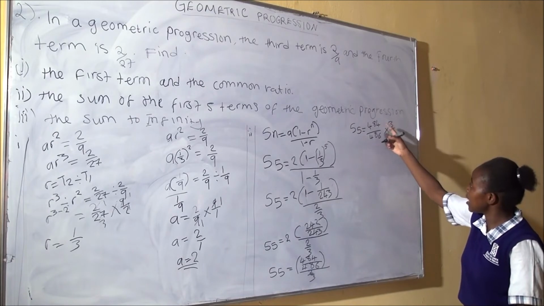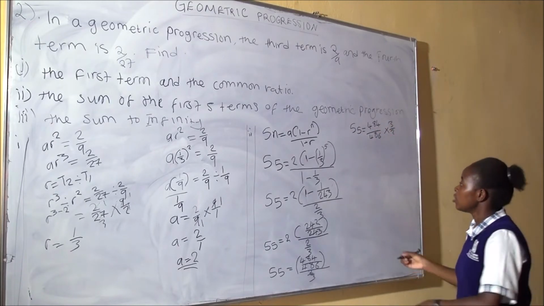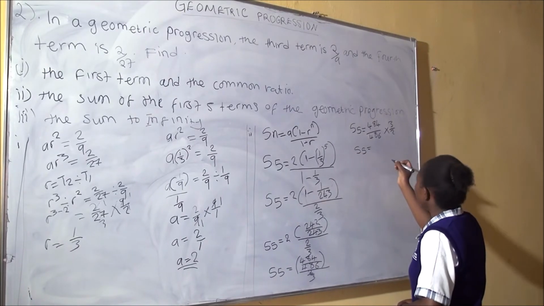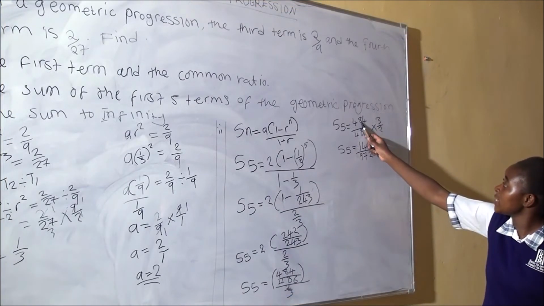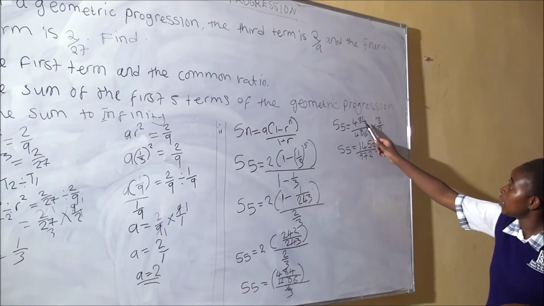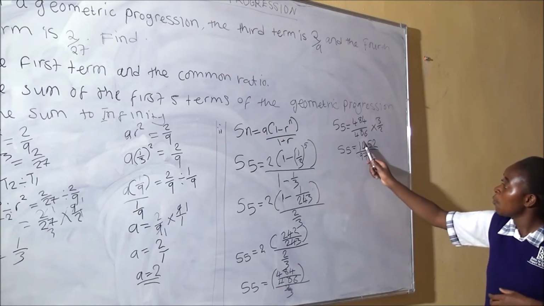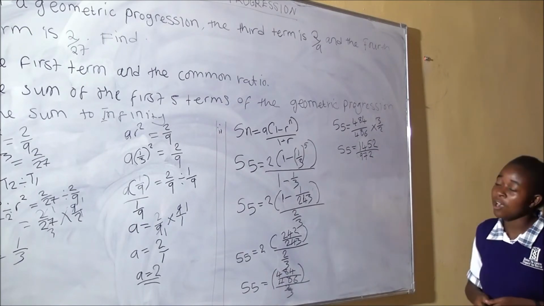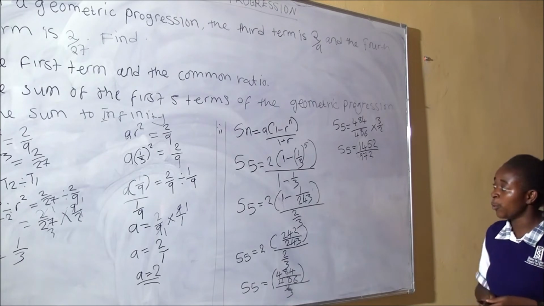So multiply this times this and this times that. So 484 times 3 will have 1452. Then 486 times 2 will have 972.